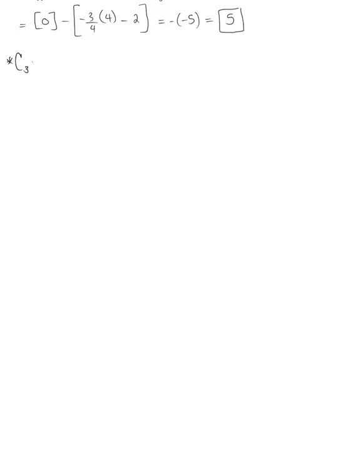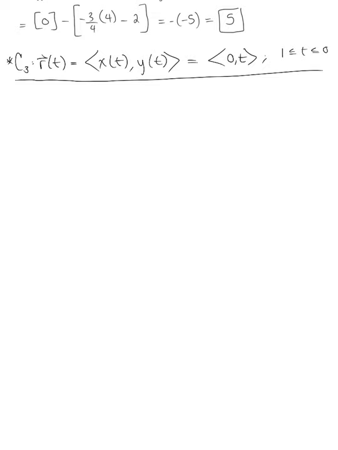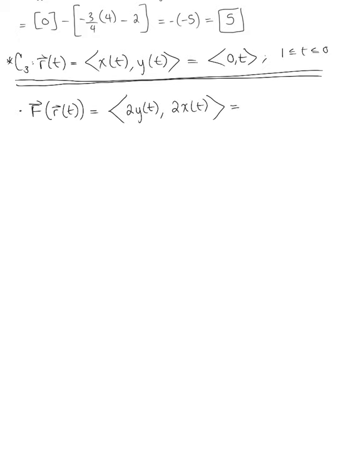Our third and final curve is going to be a vector-valued function, r of t. We have components x of t, y of t, which we've defined as 0, t, where t is greater than or equal to 0, less than or equal to 1. So we want to, again, use this parametric description to parameterize the vector field. So this is going to be 2 multiplied by y of t, 2 multiplied by x of t, and plugging these components in, we're left with 2t, and then 2 times 0 leaves us with 0.